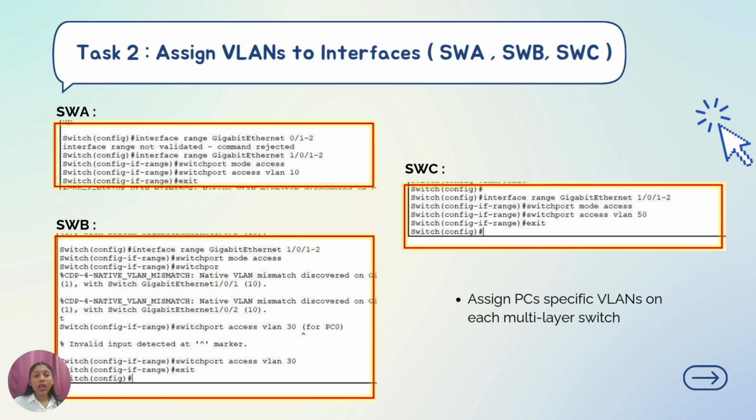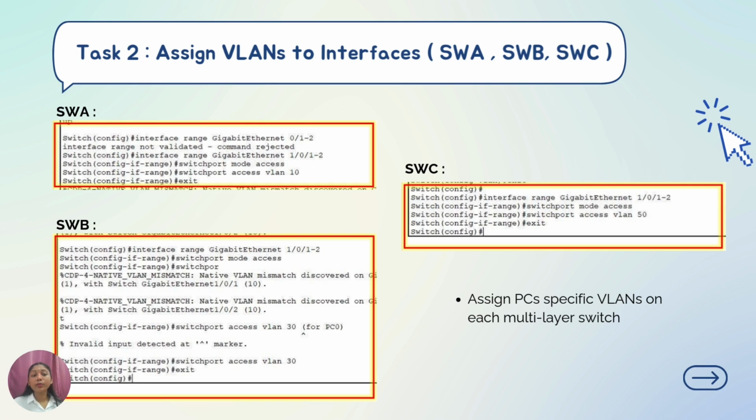SWA assigns ports to VLAN 10, ensuring that connected devices are part of the Sales VLAN. And then SWB assigns ports to VLAN 30, connecting devices in the HR VLAN.